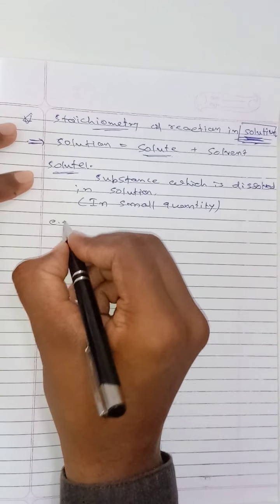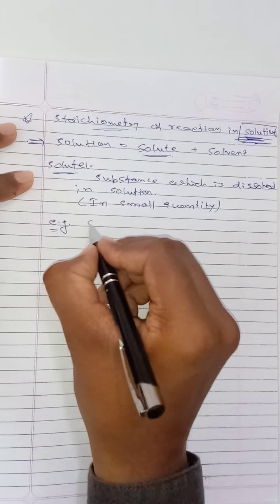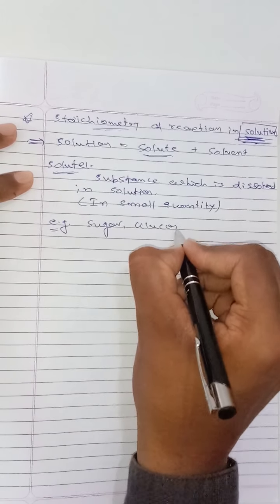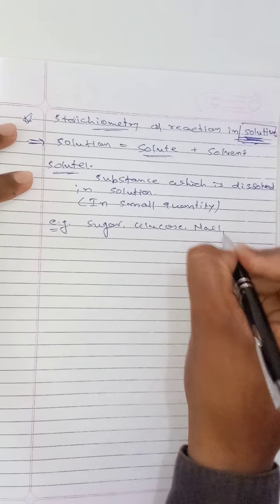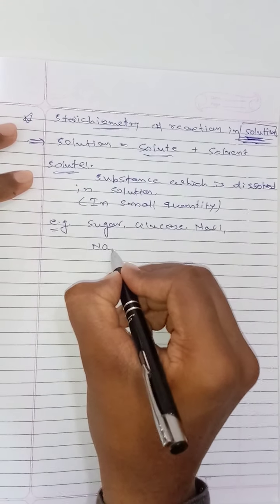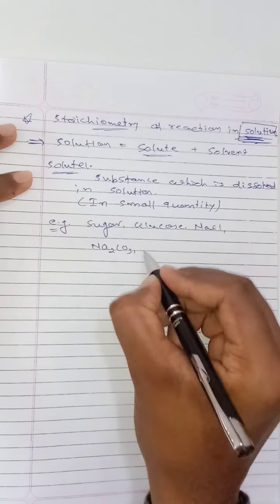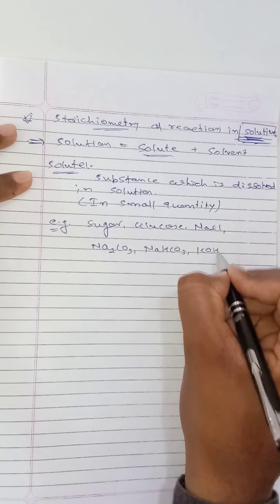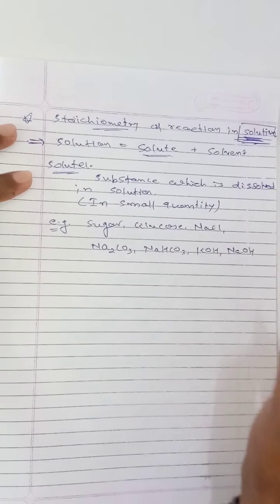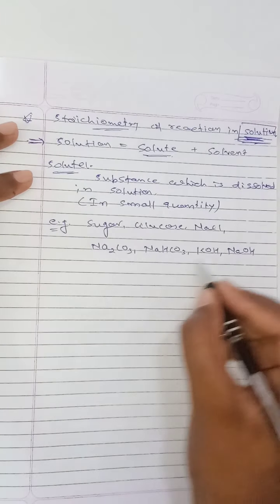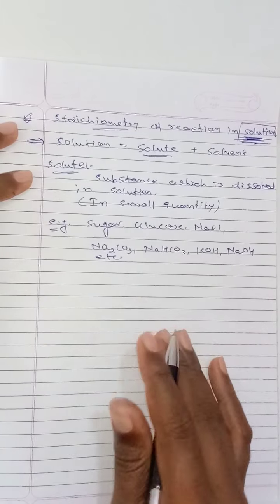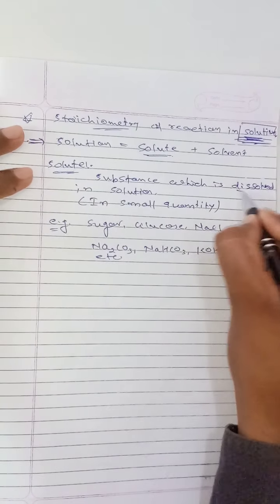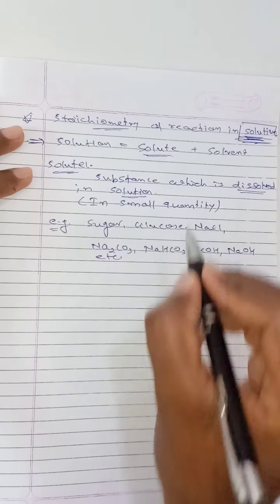For example, sugar or glucose or sodium chloride or Na2CO3 or NaHCO3 or KOH or NaOH, etc. These all are solutes because they are the substance which is dissolved in solution.